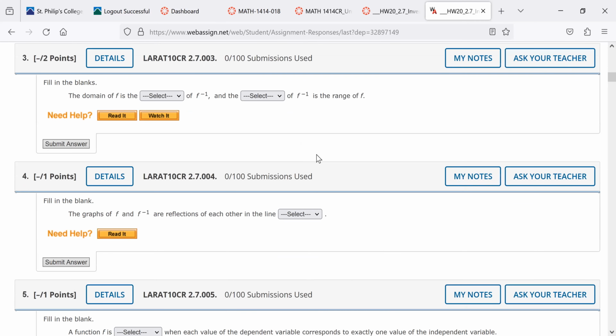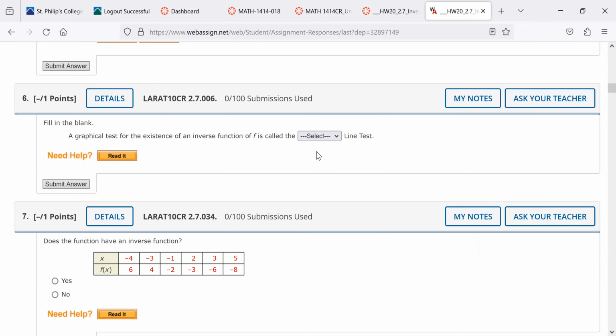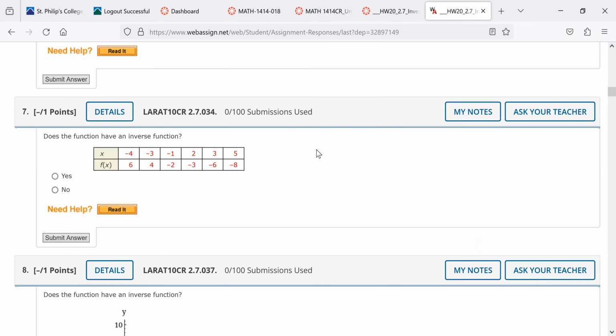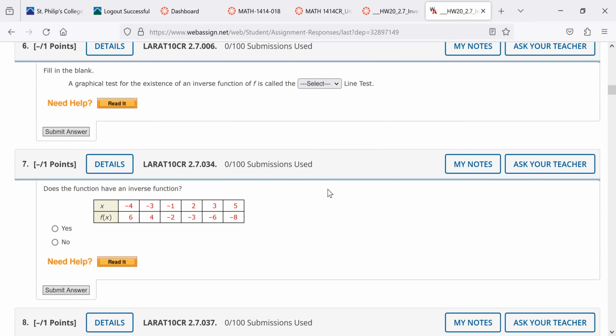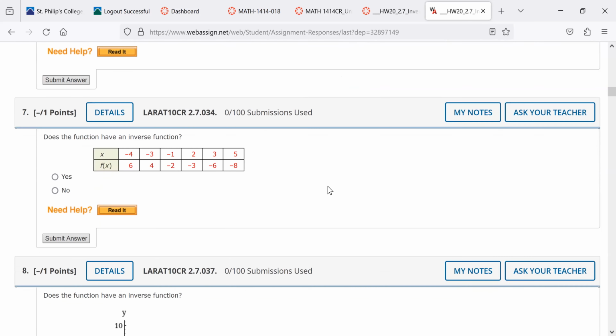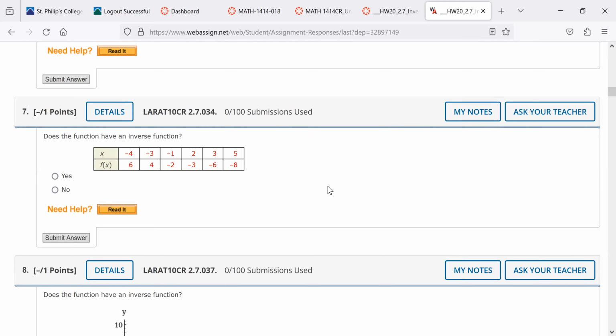All right, so inverse functions. Basically, the first thing, in order to have an inverse, it needs to pass the horizontal line test. So basically, it has more restrictions than the function, the vertical line test. But the whole point of an inverse function is it undoes whatever a function does.